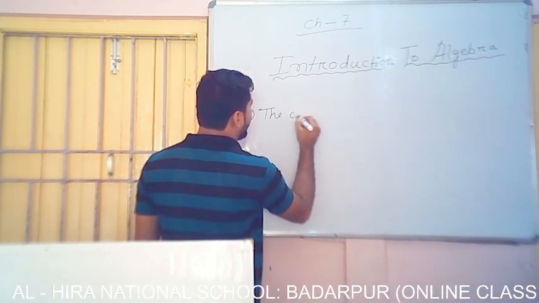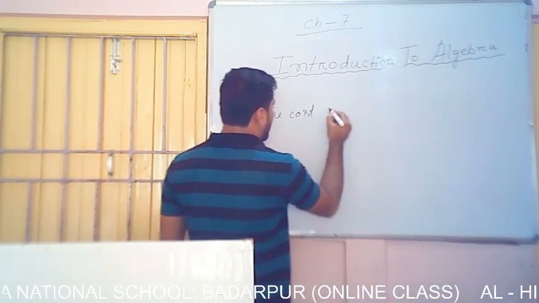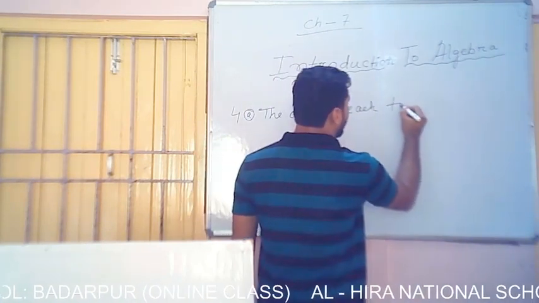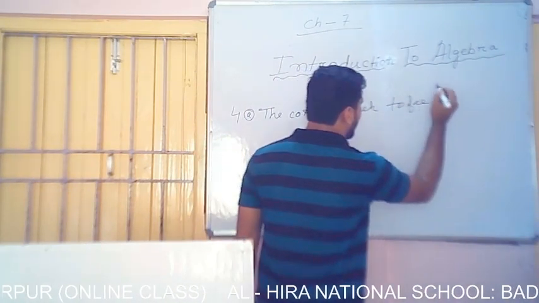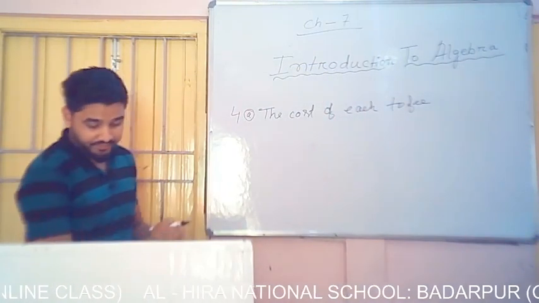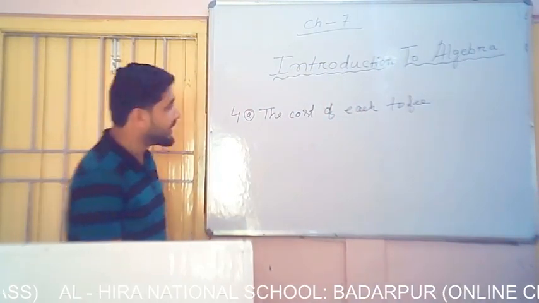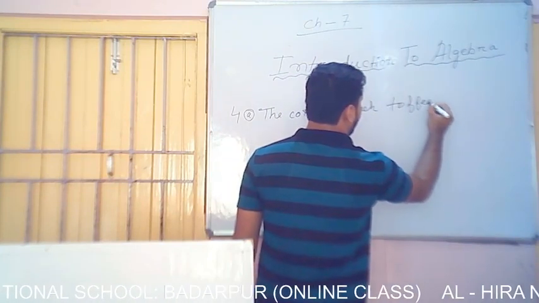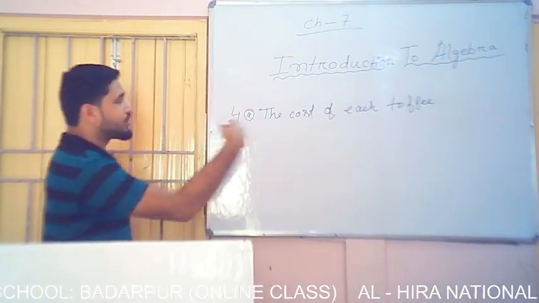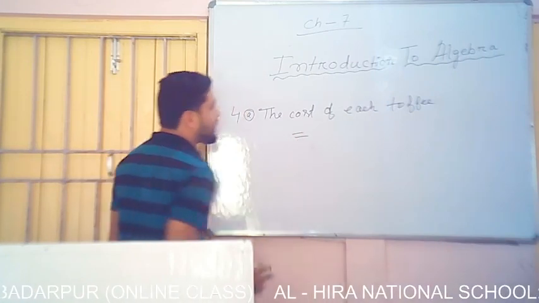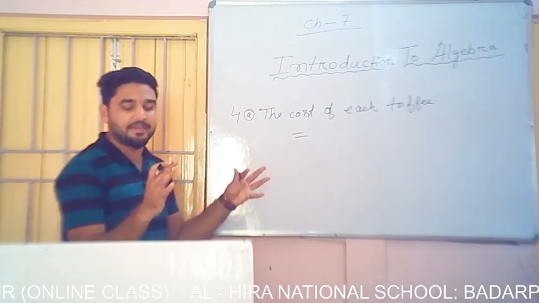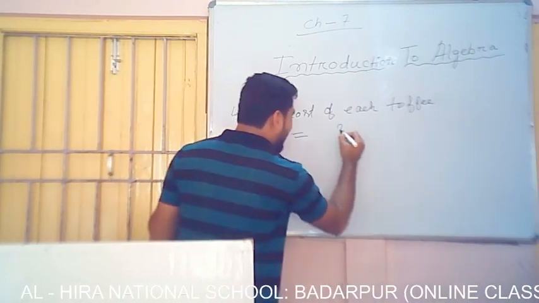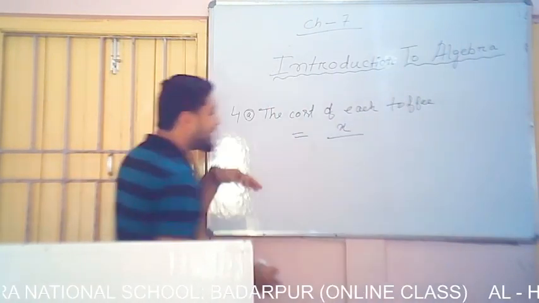The cost of each toffee equals, if we divide the total cost, that is X, by the total number of toffees.